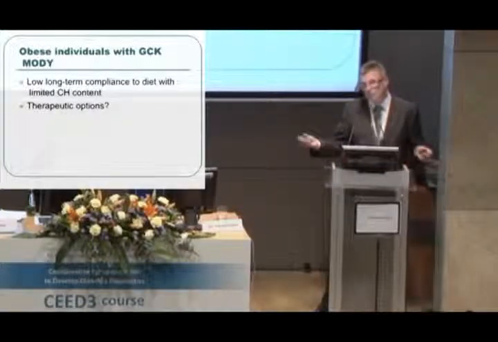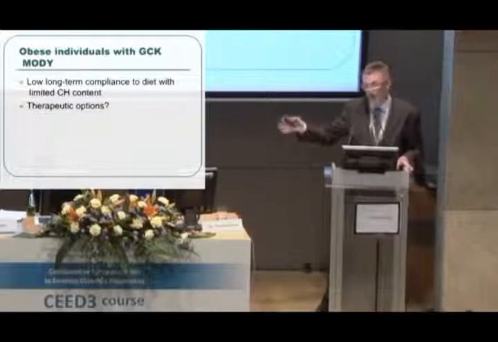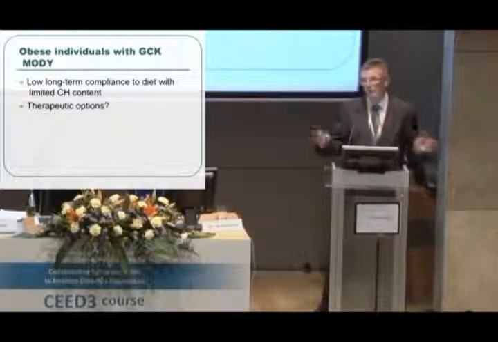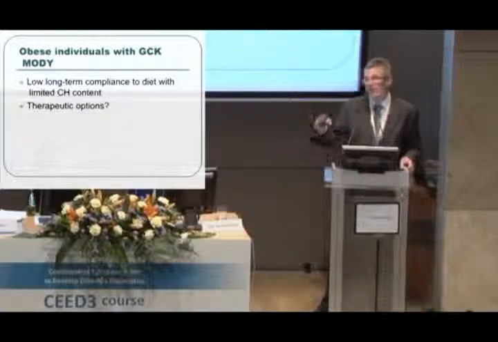So now I would like to invite you to the discussion: what are the therapeutic options for those individuals? Should we just leave them alone with HbA1c level of about 7.3 through 7.4, or should we implement some sort of treatment? Do you have any ideas what to do with them?